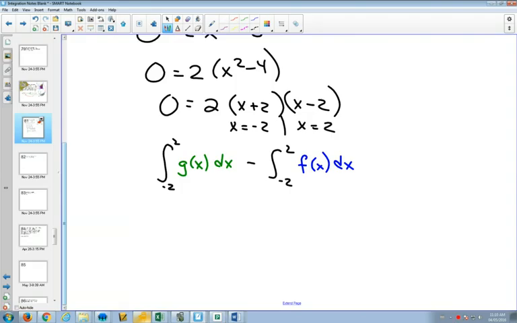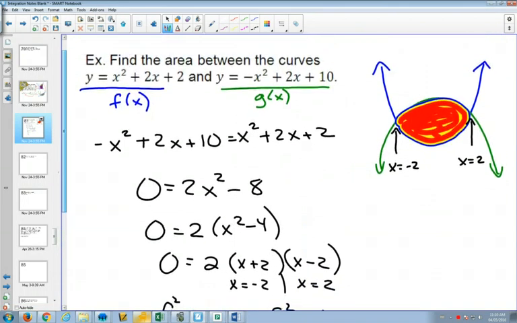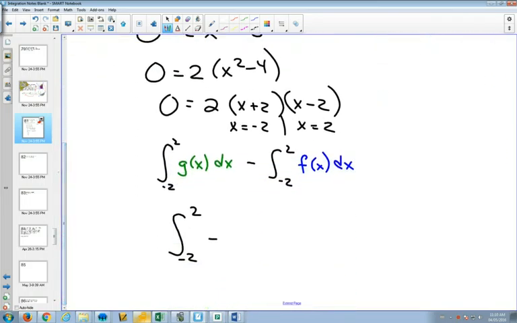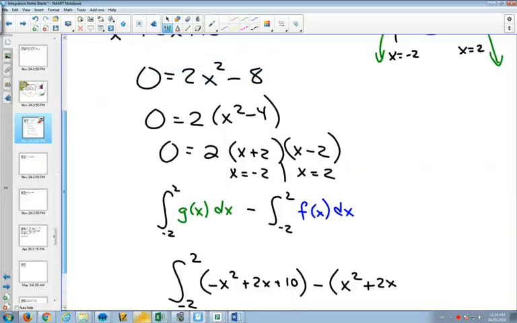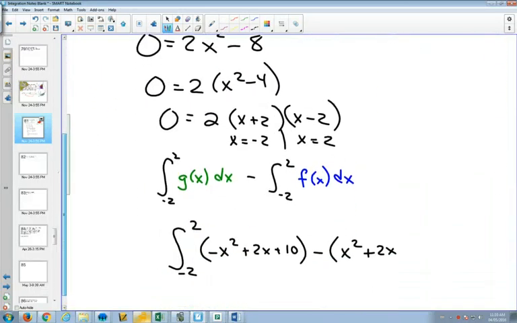What we're going to do is we're just going to subtract f of x from g of x. So now I'll put the numbers in. G of x was -x squared plus 2x plus 10. And I'm going to subtract f of x, which was x squared plus 2x plus 2.